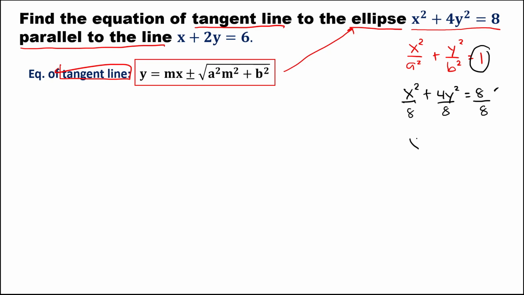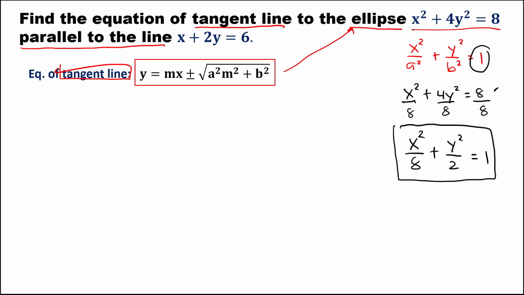So this becomes x squared over 8 plus 4 over 8, which is 1 half, or y squared over 2, equals 1. So this is now the standard equation for this ellipse. Then from this, we can now find the values for a squared and b squared using this formula.